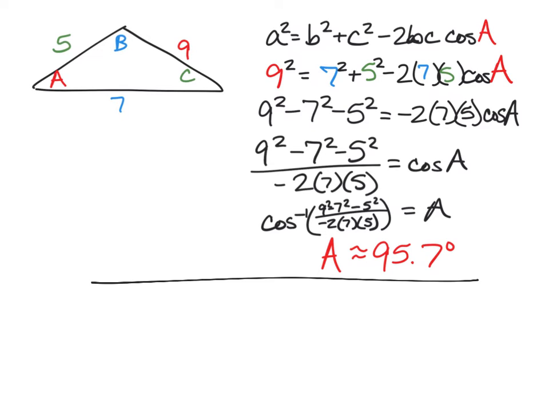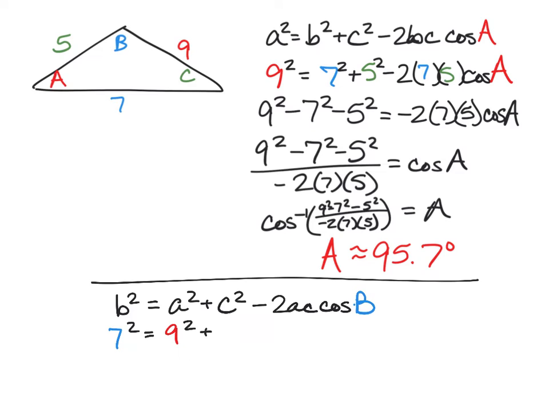So let's solve for angle B. The version that uses angle B is going to be b squared equal to a squared plus c squared minus 2ac times the cosine of B. So if we plug everything in, this is going to be 7 squared equal to 9 squared plus 5 squared minus 2 times a times c times the cosine of B, which we don't know. We want that angle B.